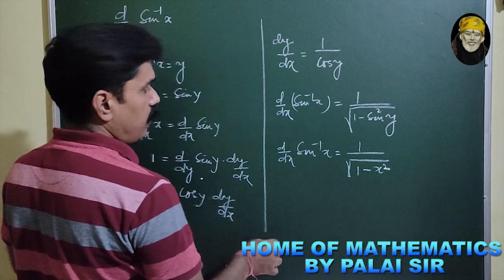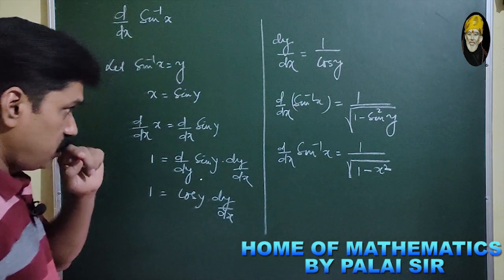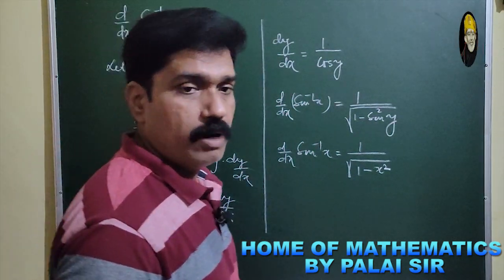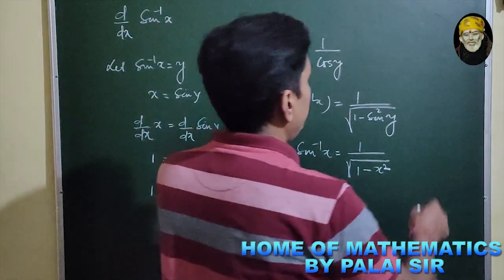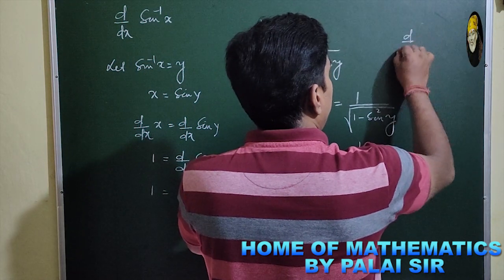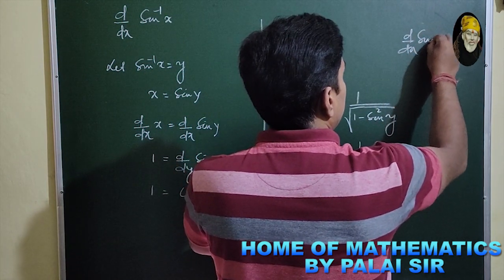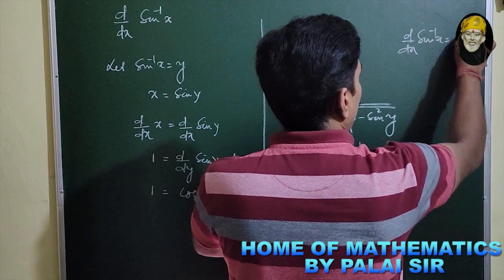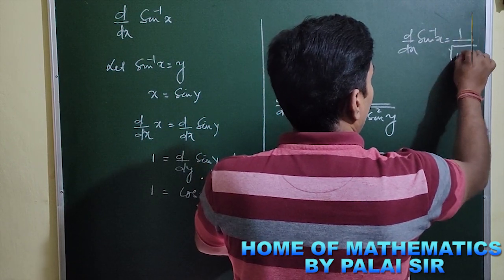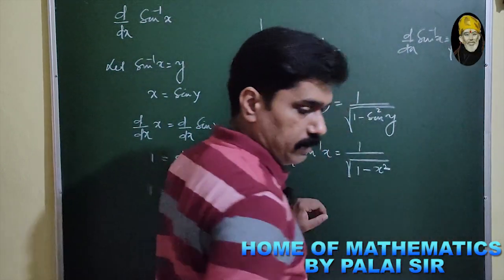So this is the formula to get the derivative of sin inverse x. dy/dx of sin inverse x, कितना मिला तुमको? This is equal to 1 by square root of 1 minus x square.